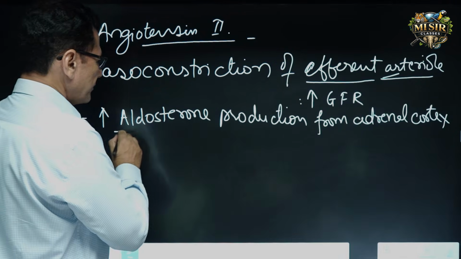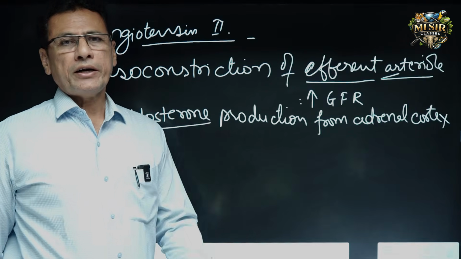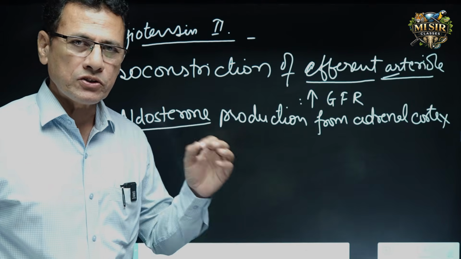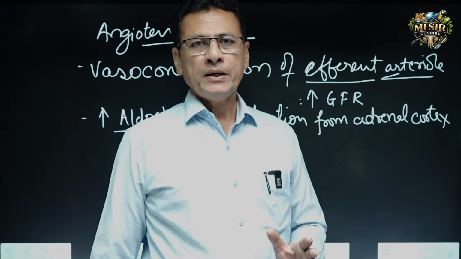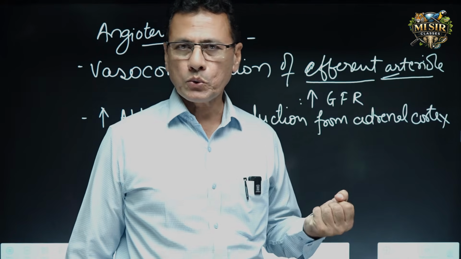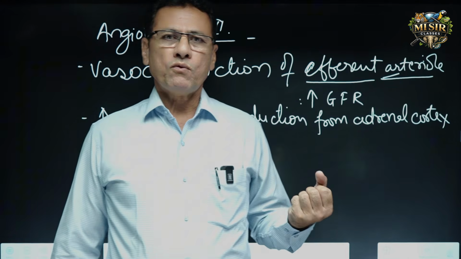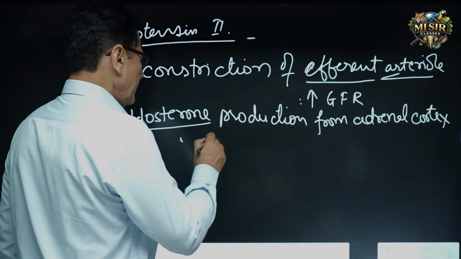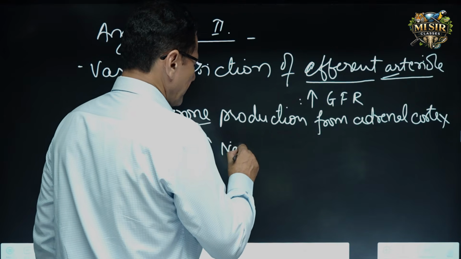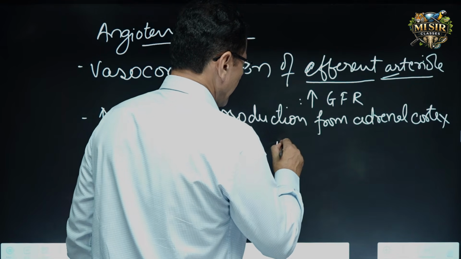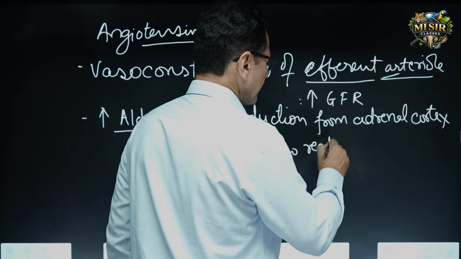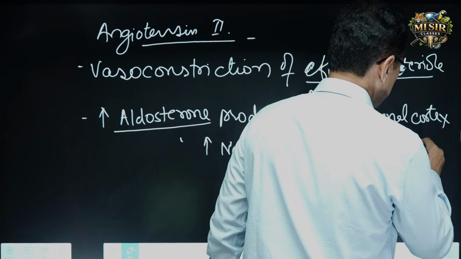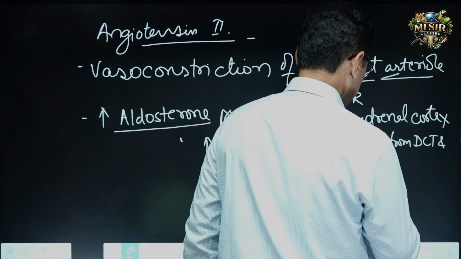Now, what is this aldosterone? It is a steroid hormone, as I told you. It acts specifically on the typical cells of the distal convoluted tubule, DCT, and it causes increased absorption of sodium, increased absorption of water, as well as increased elimination of potassium ions. Aldosterone increases sodium and water reabsorption from the DCT and collecting duct also.